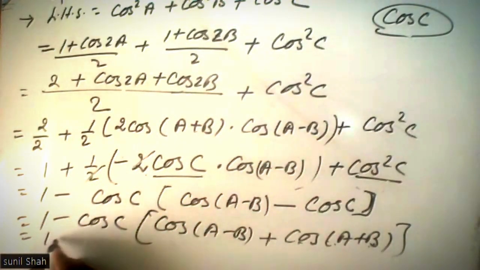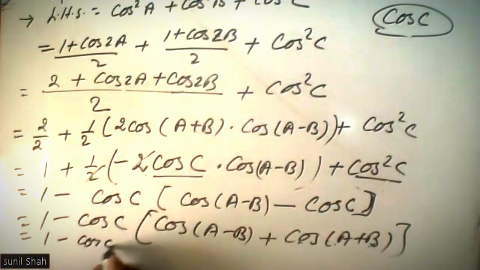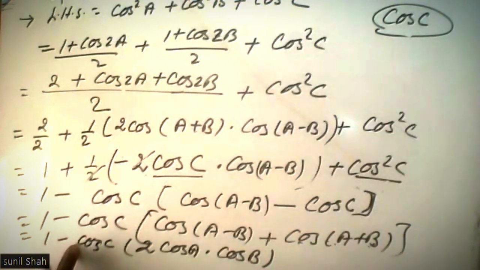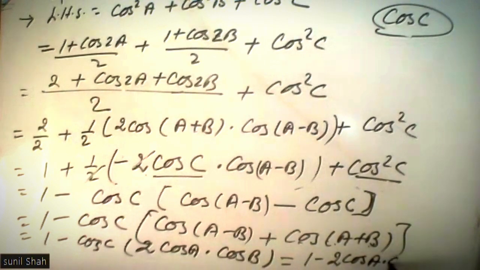So this is 1 minus cos c, and this is 2 cos a into cos b. Now 2 comes here, and this gives you 1 minus 2 cos a into cos b into cos c. Proved.